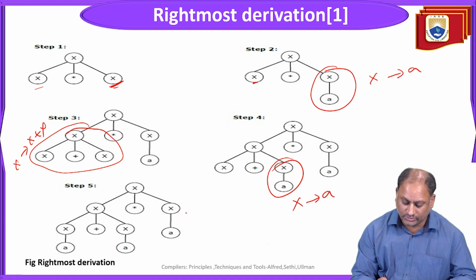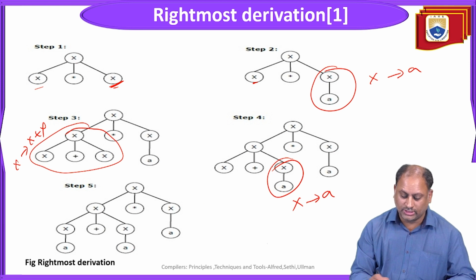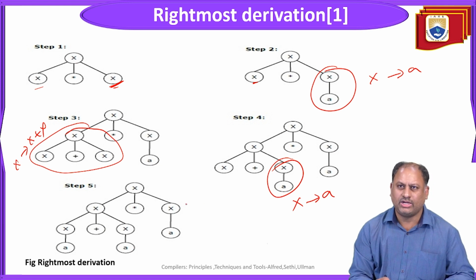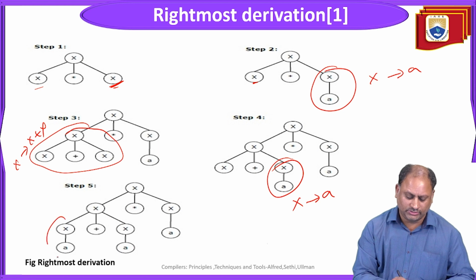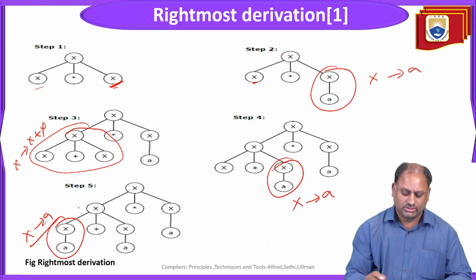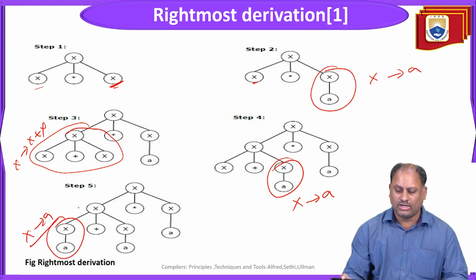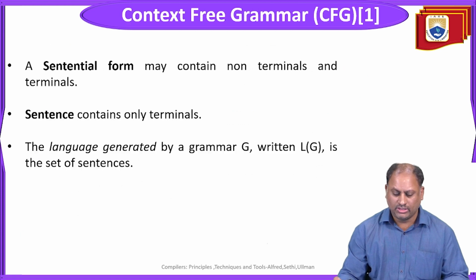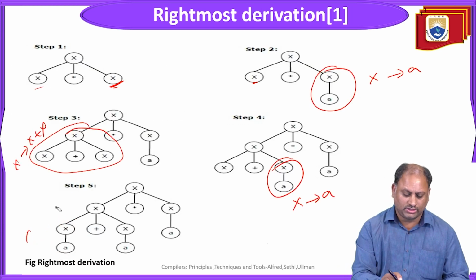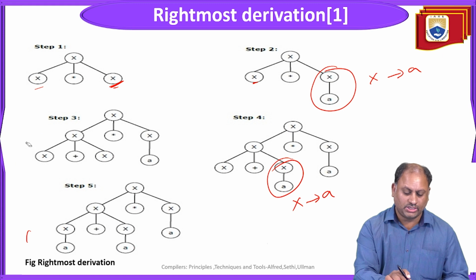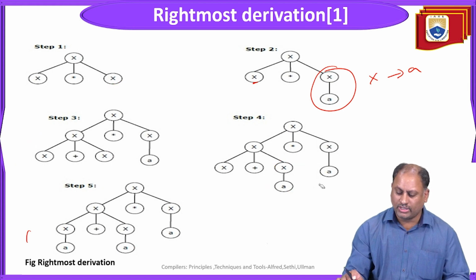And then from this we are going to derive step 5. In step 5, the rightmost non-terminal, that is x derives a. So all the non-terminals are to be evaluated, and then we are getting the same result, that is a plus a star. But remember that this time we applied these derivations from the rightmost.